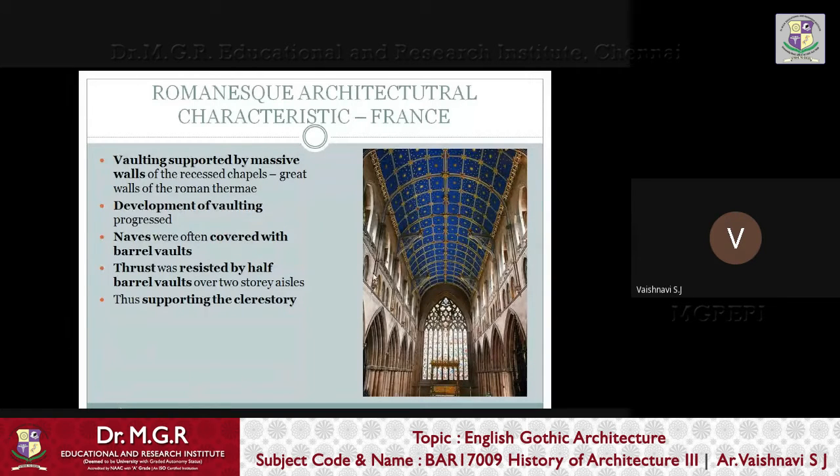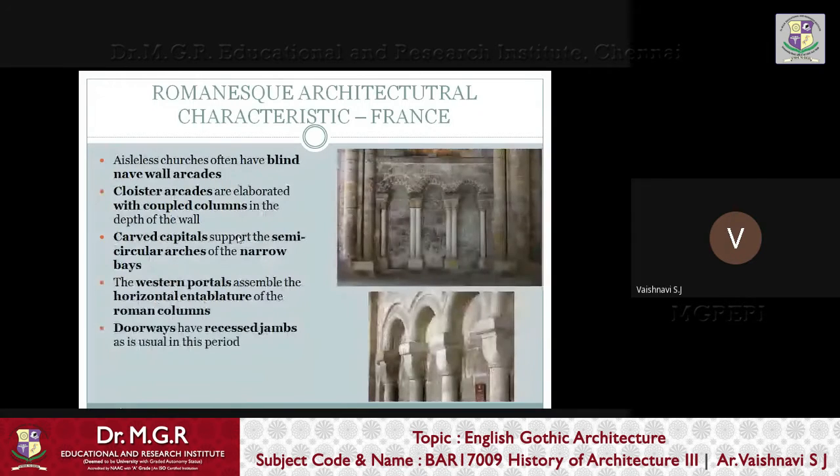They started developing the walls, and few churches didn't have any aisles, so those churches had blind nave wall arcades. Like it had just the arcades near the wall itself, like what we saw in Pisa Cathedral. And the cloister arcades are elaborated with coupled columns.